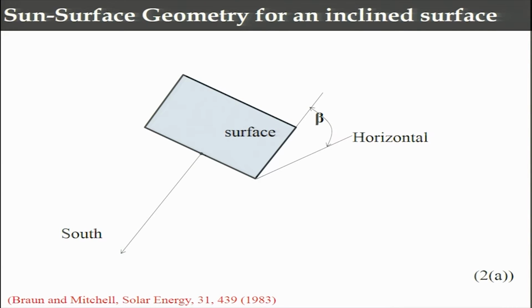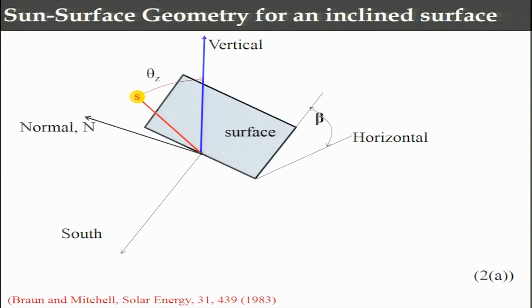Unfortunately we don't have enough time to go through these, but we'll look at the key segments. This is the vertical with respect to the horizontal surface, and this is the sun. The sun beam is the red one coming to a given point. The angle between the sun ray and the vertical is theta z, and this is the normal to the surface.